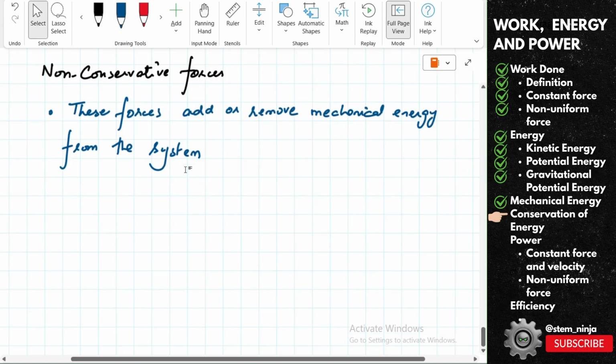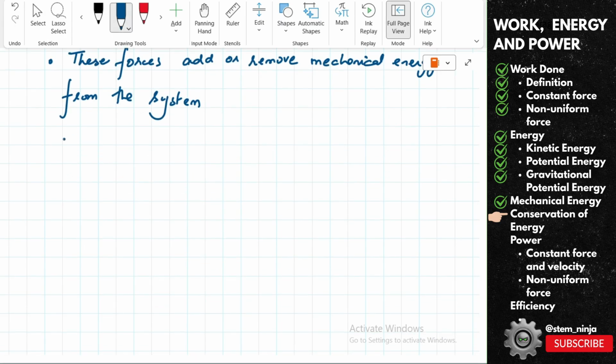So this would mean that, for example, other forces could be applied forces. Friction is a very good example, and similarly, air resistance is also a good example.